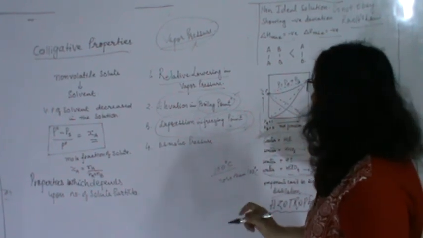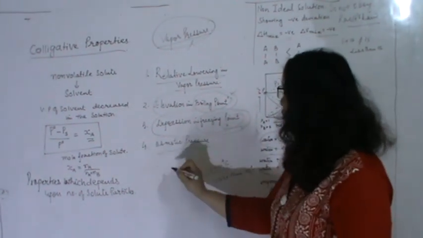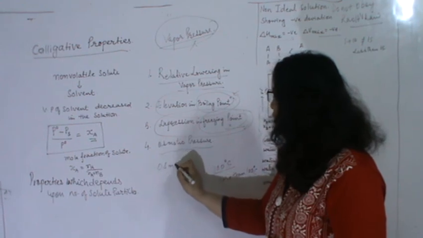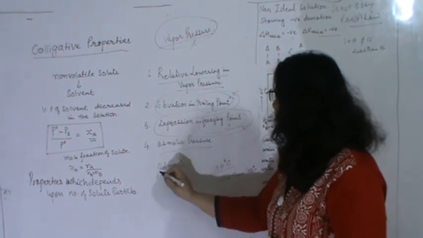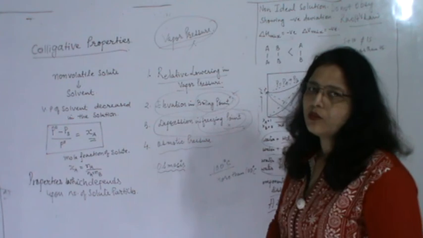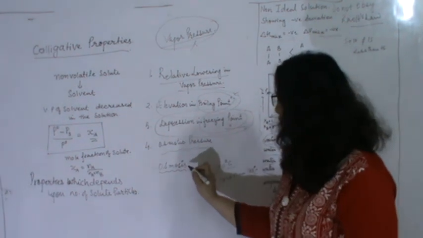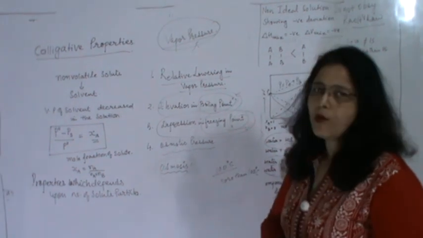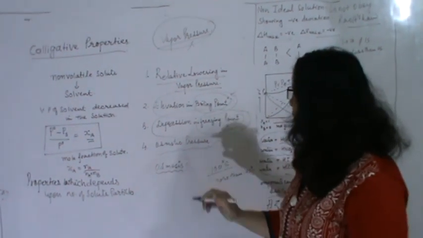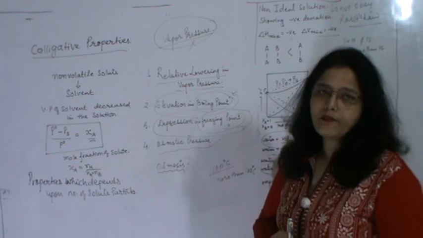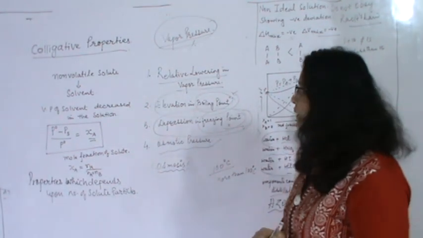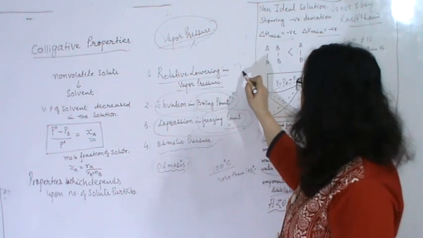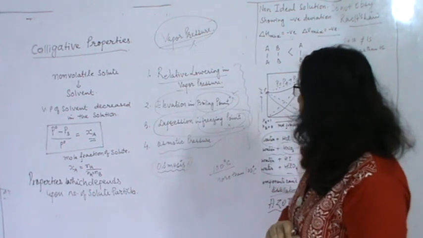And the fourth is osmotic pressure. Osmotic pressure we get from osmosis. Osmosis term, do you know what is osmosis? We'll discuss it later. Osmosis is not a colligative property, but osmotic pressure is a colligative property. And what is colligative property? The property which depend upon number of solute particles.